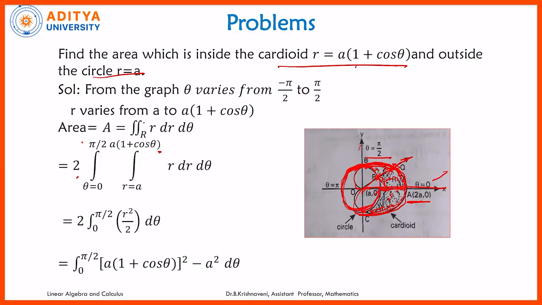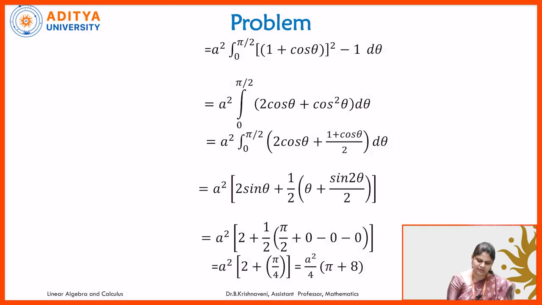Since to find the entire area, we need to take 2 into integral 0 to pi by 2, with the formula r dr d theta. So let's find the integration. First with respect to r, r square by 2 between the limits, substituting the upper limit and lower limit, and cancelling the 2 here. Thereafter simplify and do the integration with respect to theta.